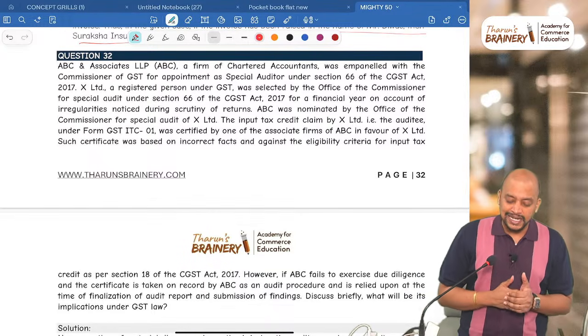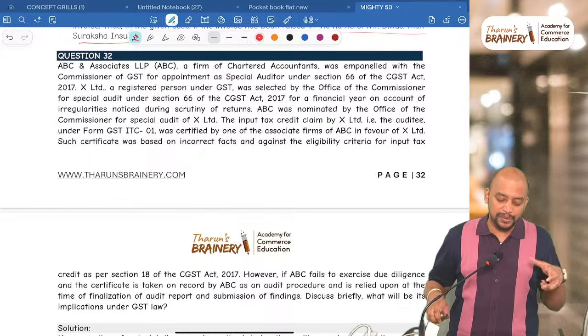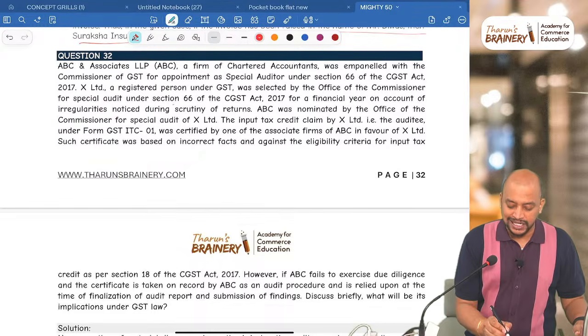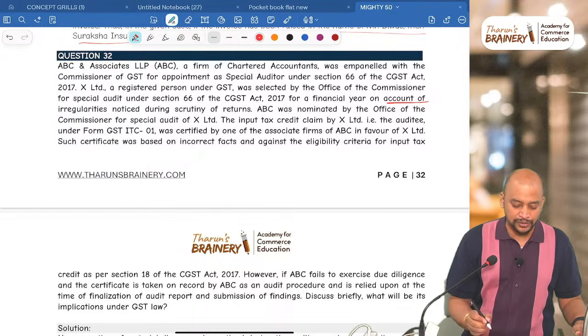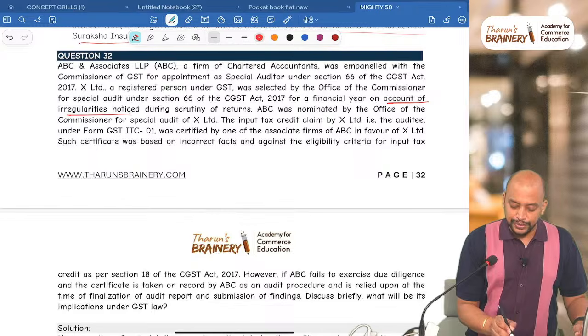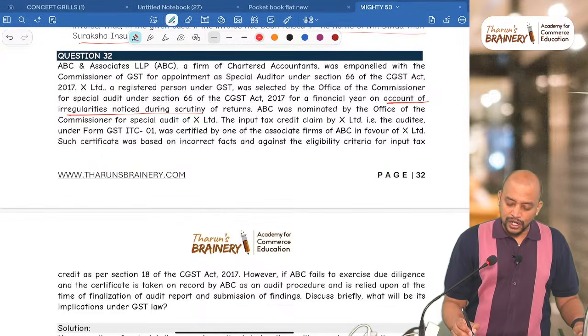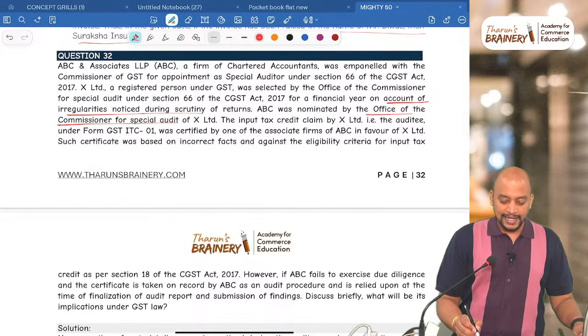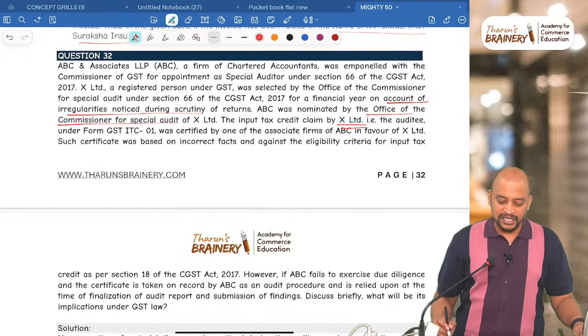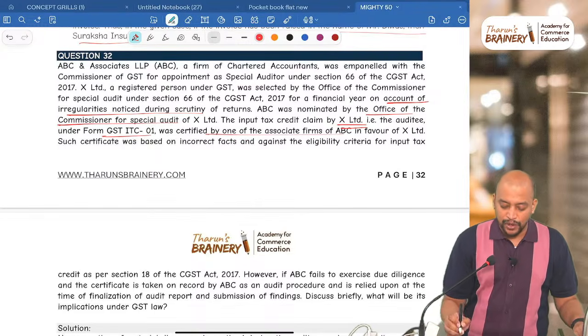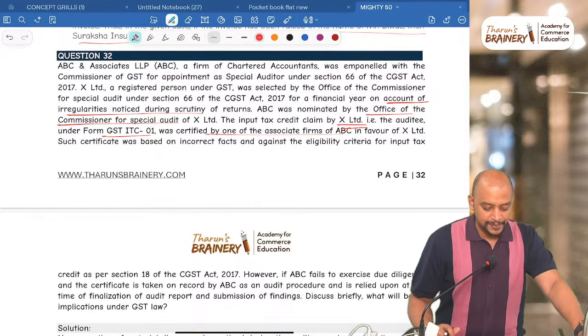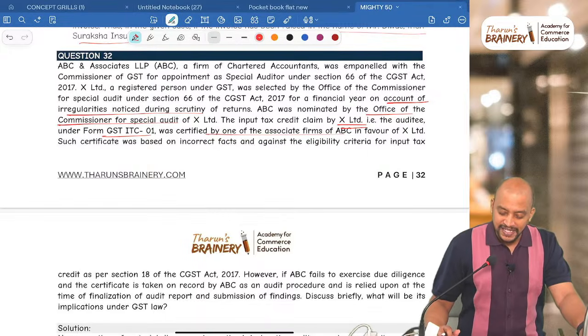X Limited, a registered person under GST, was selected by the office of the Commissioner for special audit under section 66 for a financial year on account of irregularities noticed in the return during scrutiny of returns. ABC was nominated for the special audit of X Limited. The ITC claim by X Limited, the auditee, under form ITC-1 was certified by one of the associate firms of ABC in favor of X Limited.